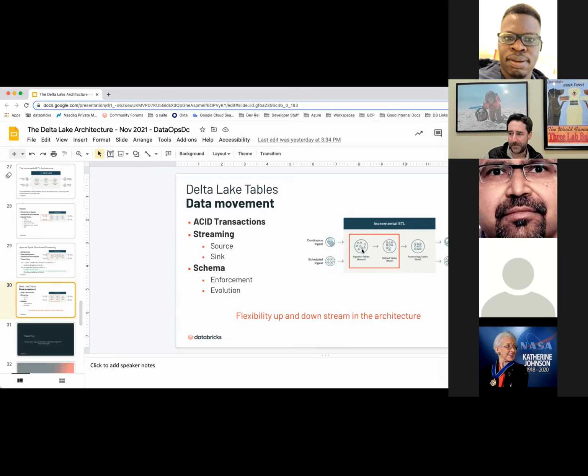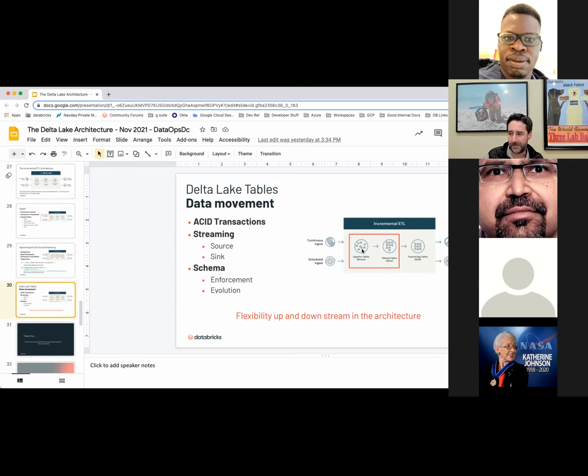Then we see people stream off the back end of that bronze table and clean it up into a silver. Those silver tables are usually things like making sure that all the formatting of the dates is correct, removing values that are erroneous, all that kind of stuff. But they're still at a row by row level.